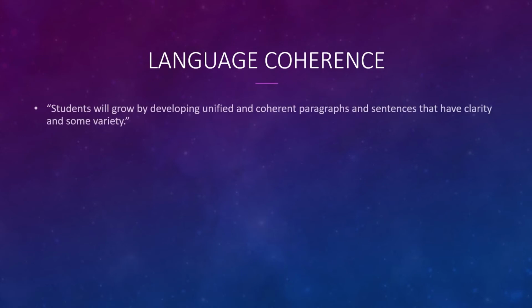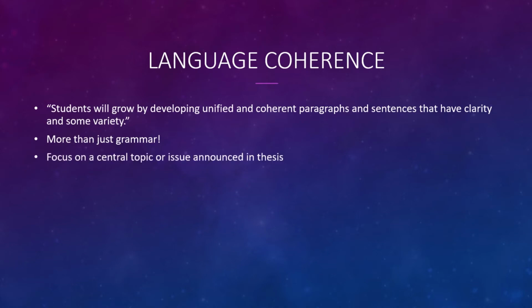Language coherence. This learning outcome says that students will grow by developing unified and coherent paragraphs and sentences that have clarity and some variety. This is about more than just grammar. Good academic writing focuses around a central topic or issue, usually announced in a thesis statement somewhere early on in the essay.